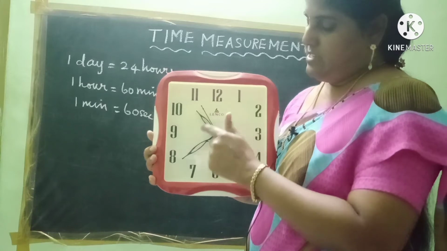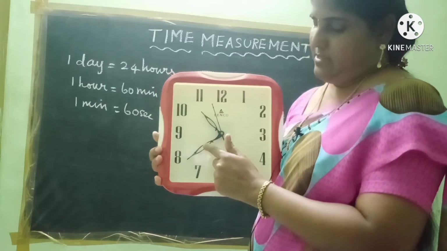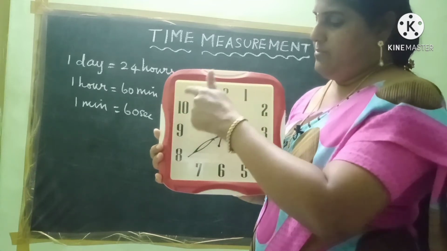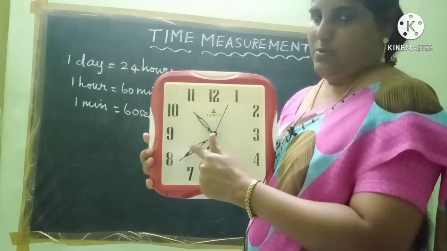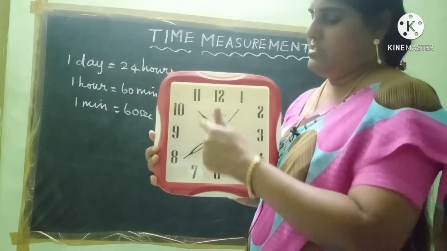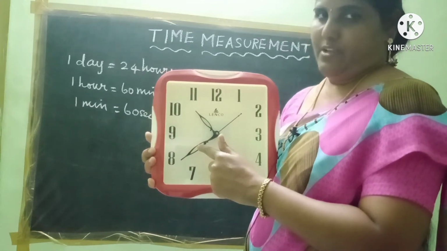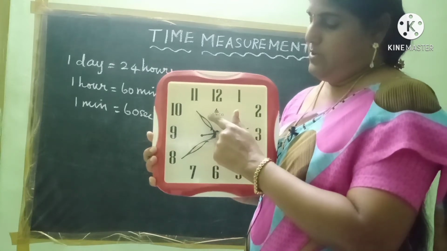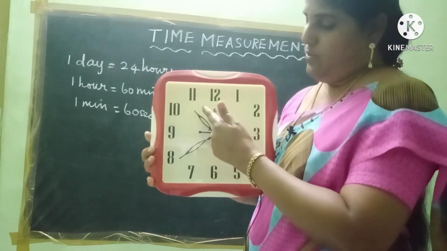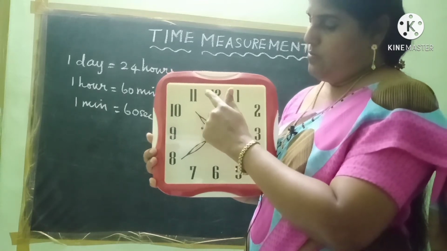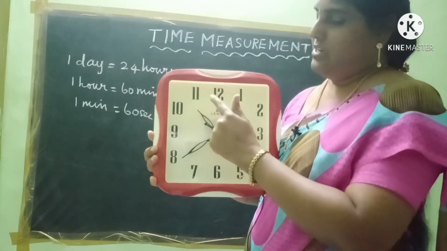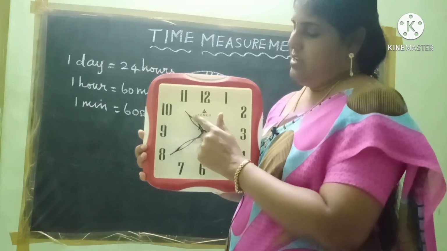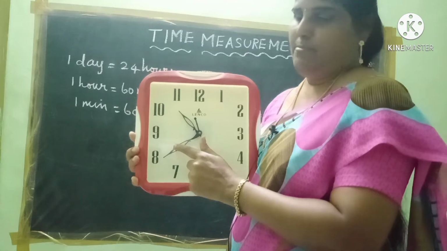When the minute hand goes around from 12 to 12, that is 1 round. Completing 1 round, the hour hand moves from one number to another number. This is the minute hand.